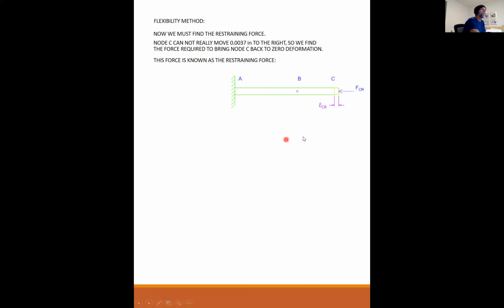Now we must find the restraining force. Node C cannot really move 0.037 inches to the right because it's restrained. That's the real problem. So we find the force required to bring the node C back to 0 deformation. This force is known as the restraining force. Okay, so here's my free body, or here's my problem.